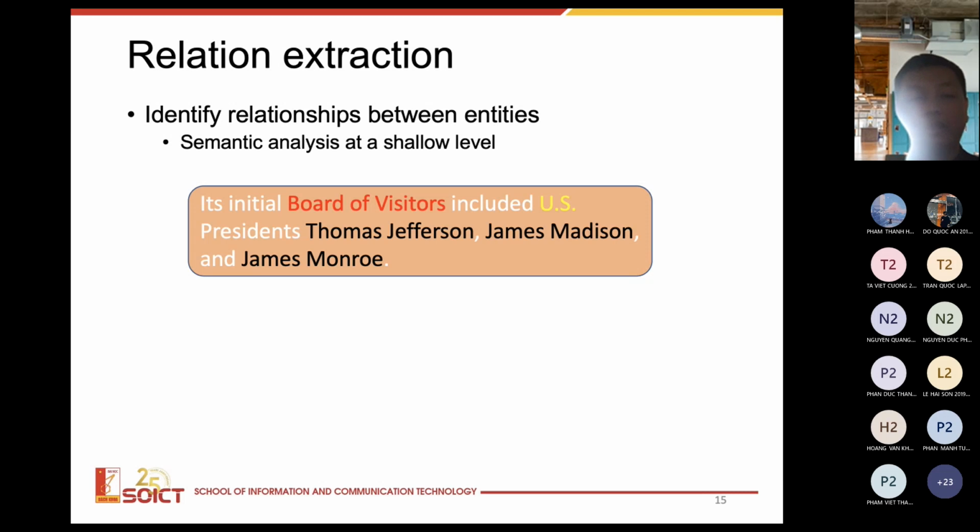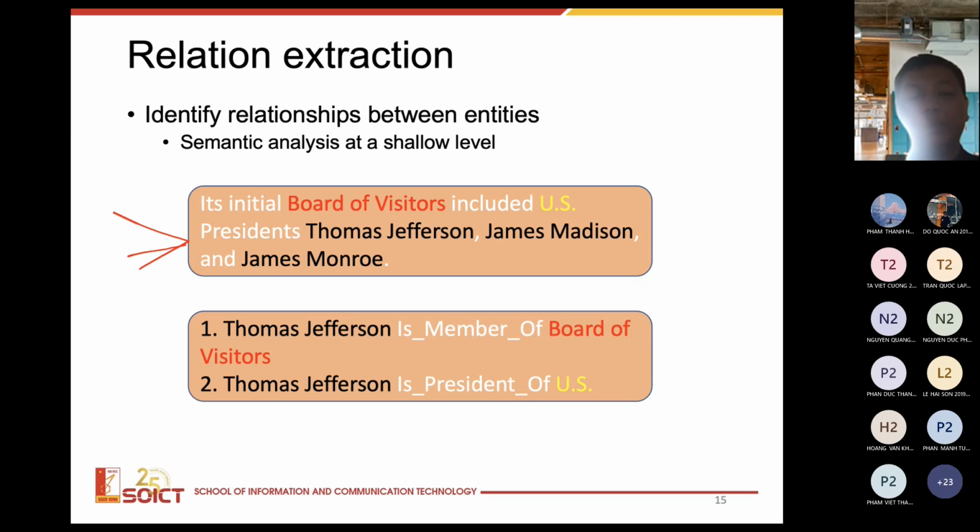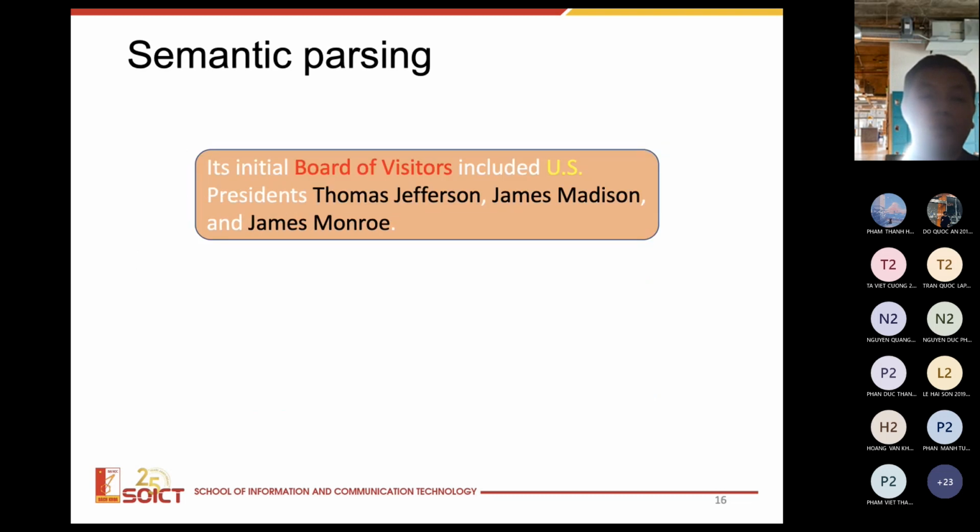For example, this is our input example, and we want the system to output the relationship between this name and this organization, and this is the relationship we want to extract: the president of the US, right? So this is semantic analysis at a shallow level, to extract the relationship between the entities in the text, right? We also have deep semantic parsing.